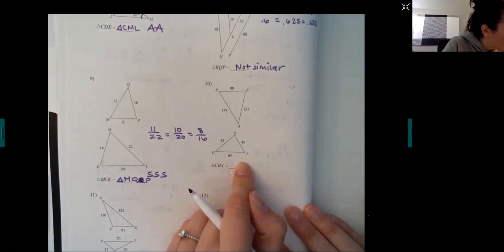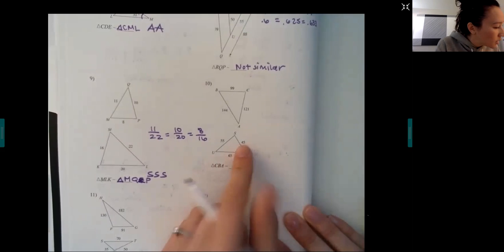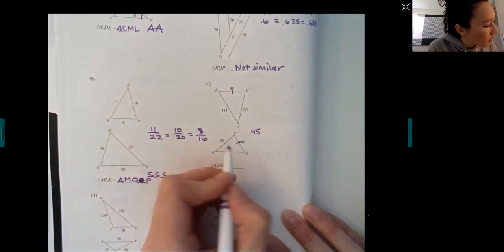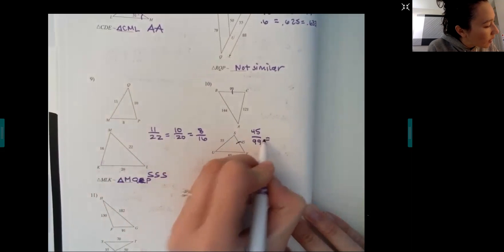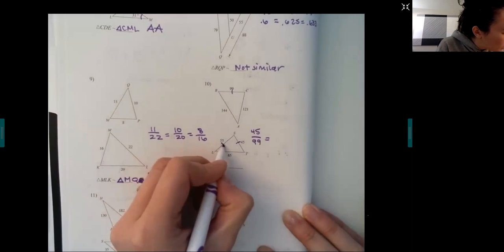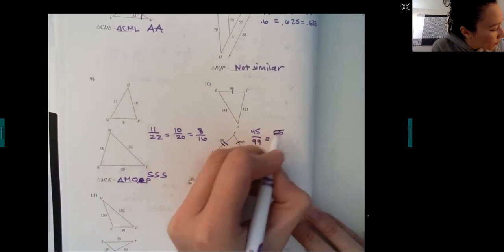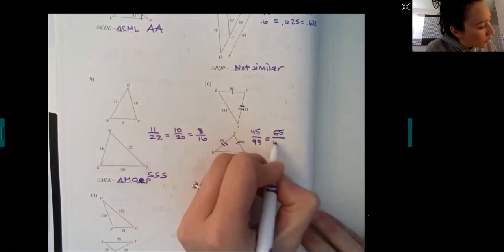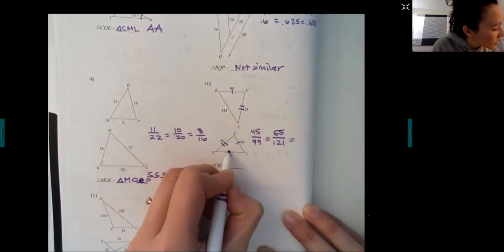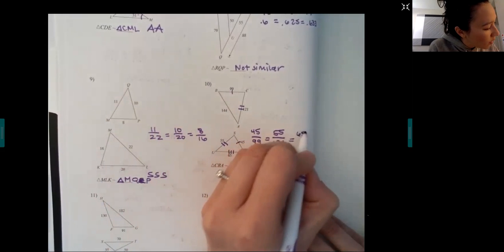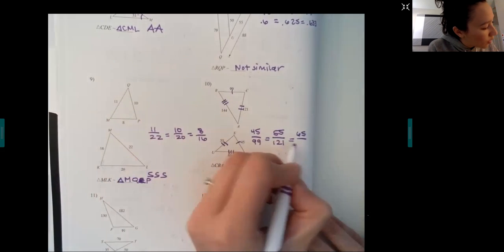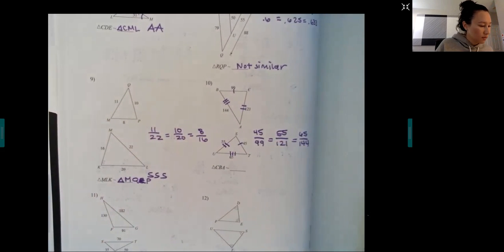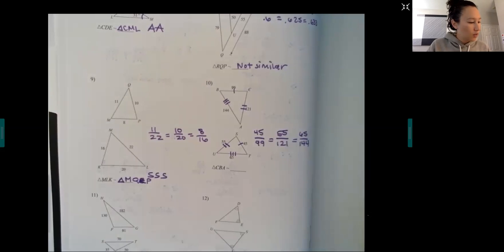Okay, so let's see. Let's do our smallest side, which would be 45, would correspond to our smallest side of 99. And then our next smallest side would be 55, and the next smallest on here would be 121. And then the largest side, 65 and 144. And let's use the calculator again.